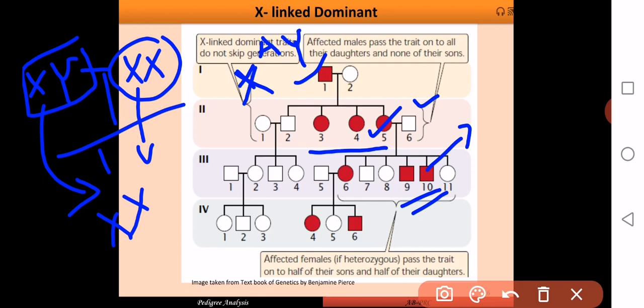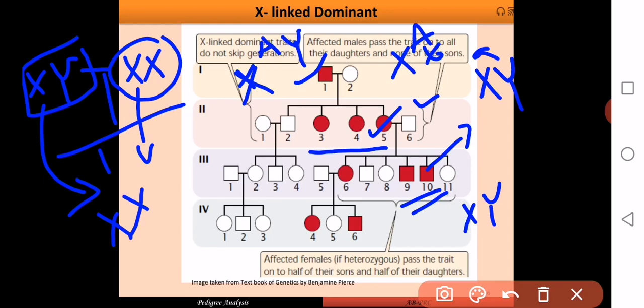In the situation where the mother is affected and the father is unaffected, the father is X small a, but the mother has at least one capital A, right? If that family has a son, the son will definitely obtain Y from the father, and X from the mother.